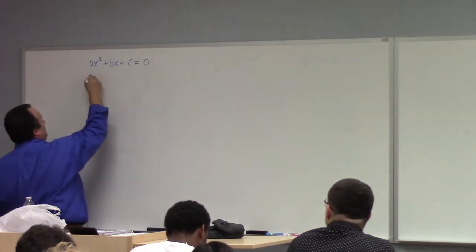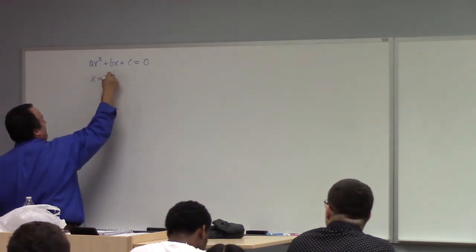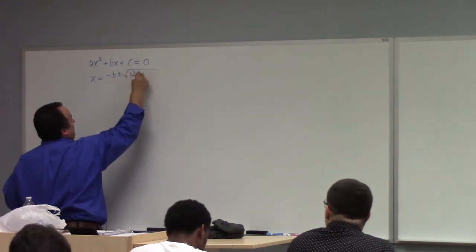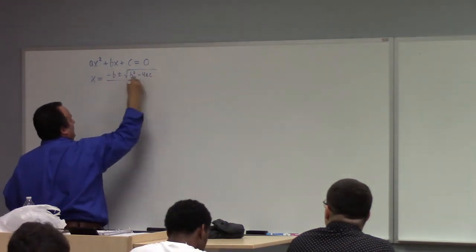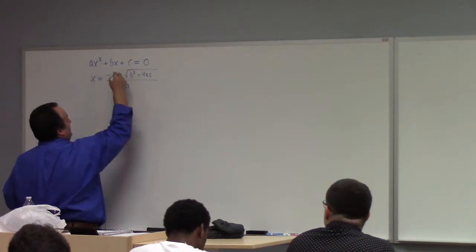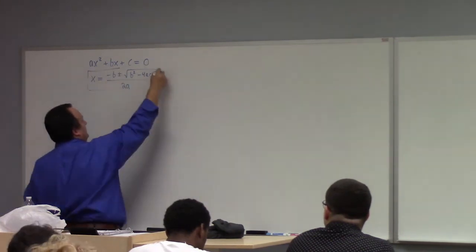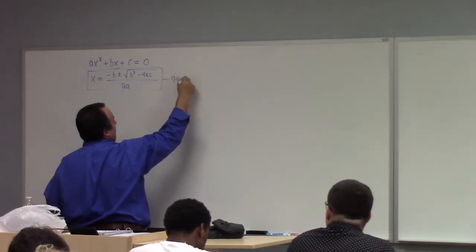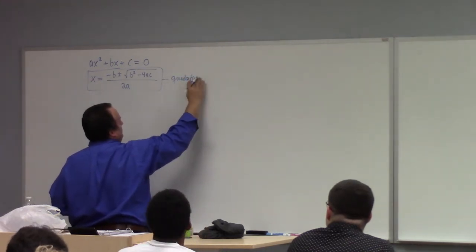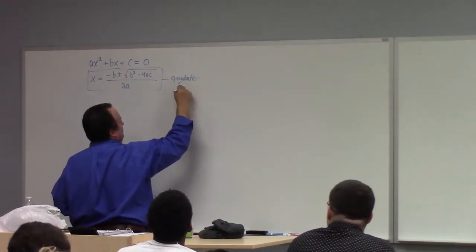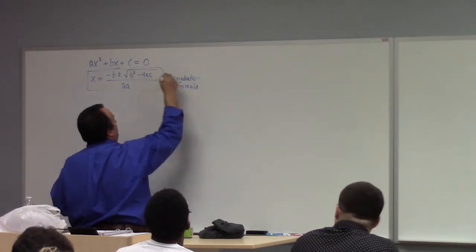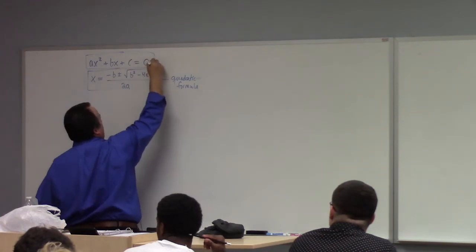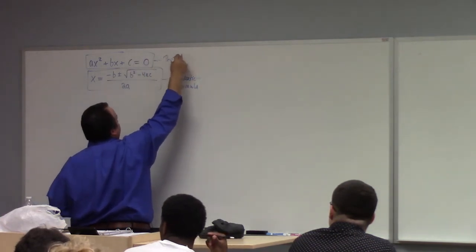We derived the solution: minus b plus or minus the square root of b squared minus 4ac, all divided by 2a, right? And so this right here is the so-called quadratic formula. In contrast, this right up here is the quadratic equation.